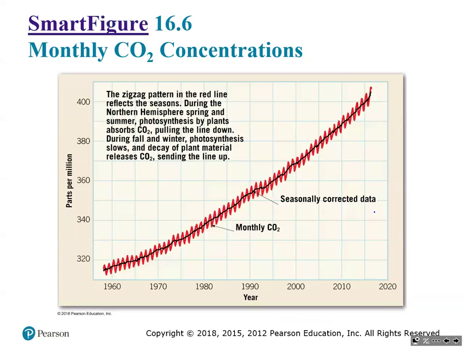Now, over time, at least in recent history, the carbon dioxide level has been steadily increasing. The red line is the monthly CO2. It goes up and down depending on photosynthesis, basically.